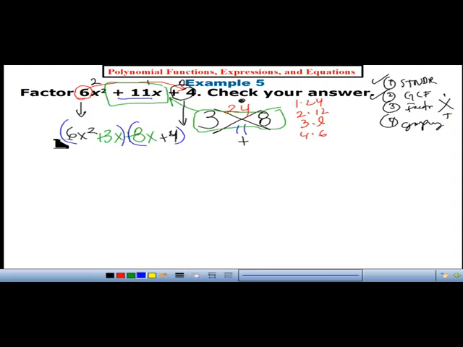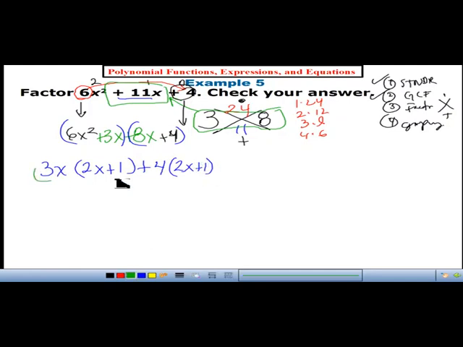So what number divides each term? 3. Do both of them have at least an x? Yes. Okay, so 6x squared divided by 3x, that's 2x plus 3x divided by 3x is 1. Bring down the little plus sign. One number divides each term, 4. 8x divided by 4 is 2x. 4 divided by 4 is 1.